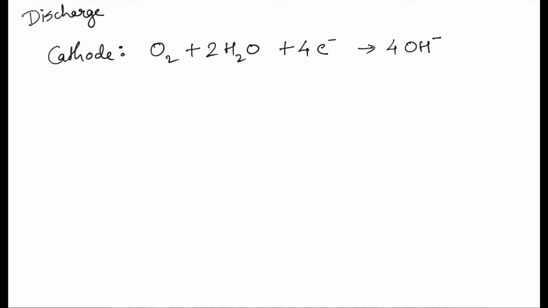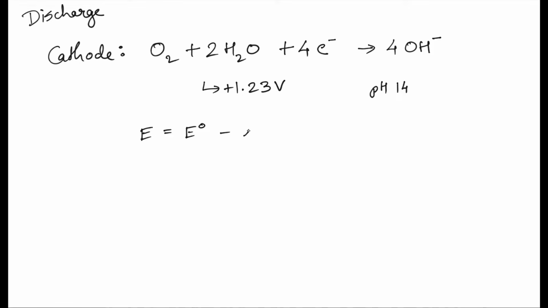The reduction potential of oxygen at 0 pH is 1.23 volts. Since we are using KOH, which is basic in nature, let me assume that the pH of the electrolyte is 14. By using the Nernst equation, we'll find the equilibrium potential.